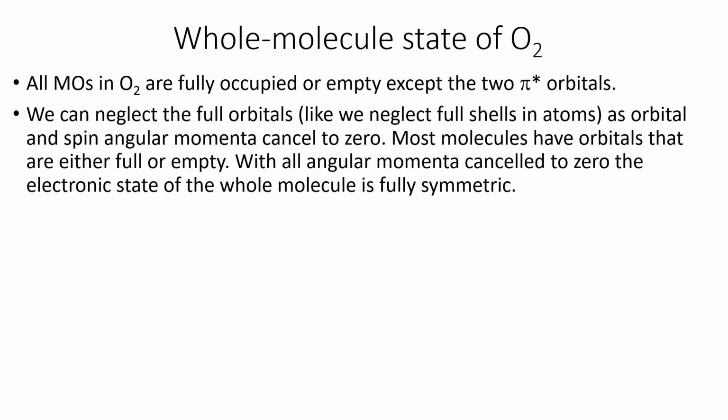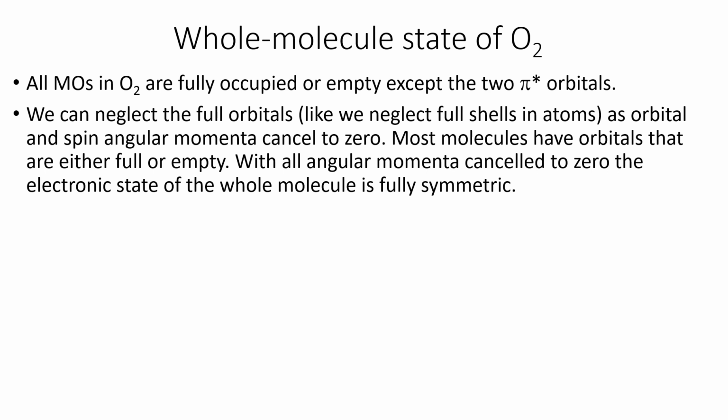Virtually all molecules we come across, we find all the orbitals are either completely full or completely empty. And actually what you have in this situation is a zero net angular momenta. So all the spin angular momenta will cancel out, all the up and down spins will cancel, all the orbital angular momenta will cancel out from where all the orbitals are completely full or empty.